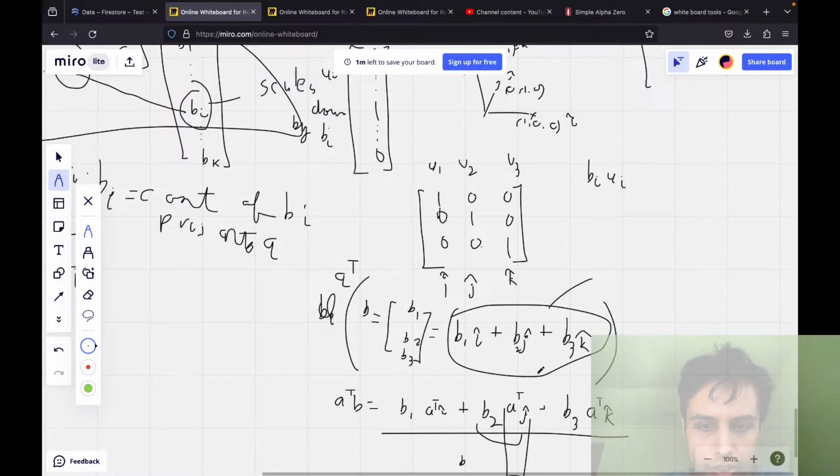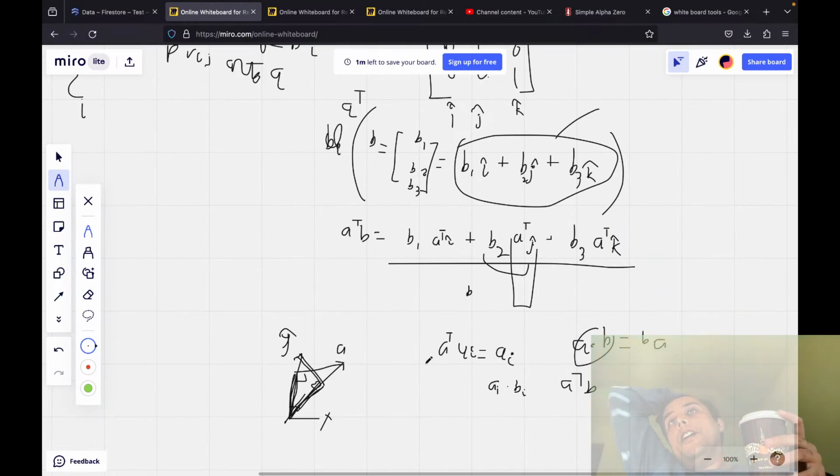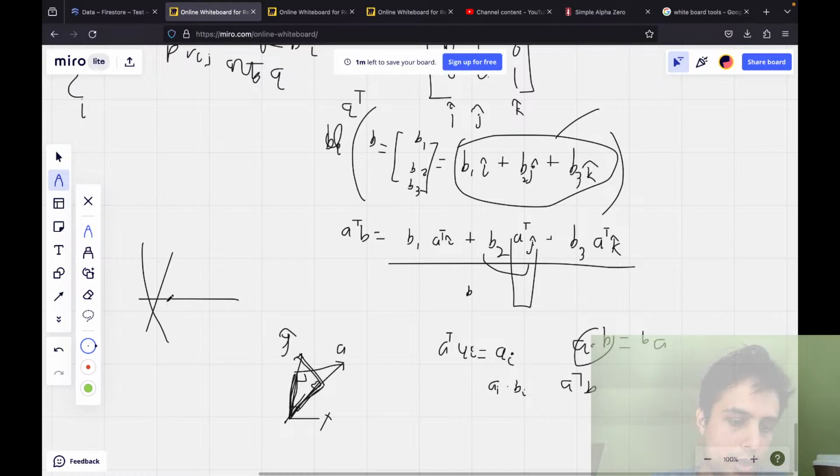By expanding a vector like this, if you have some vector in 3D space, and that's your origin, you go here in the x, and you go here in the y.